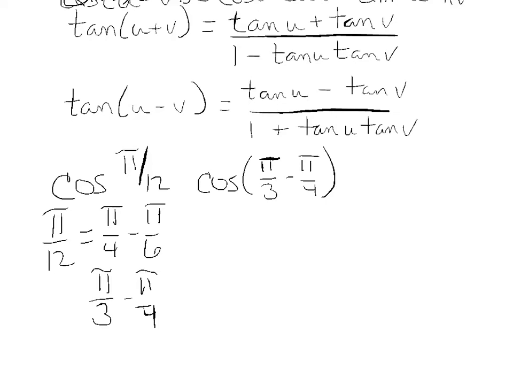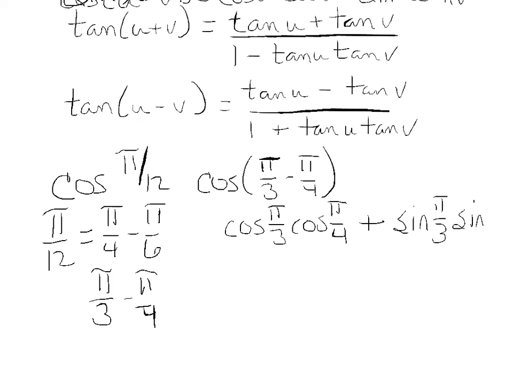Now this is what I was talking about. You want to write it out each time. The cosine formula is going to be the cosine of pi over 3 cosine pi over 4. This was minus, so this has to be plus. The sine of pi over 3 sine of pi over 4.